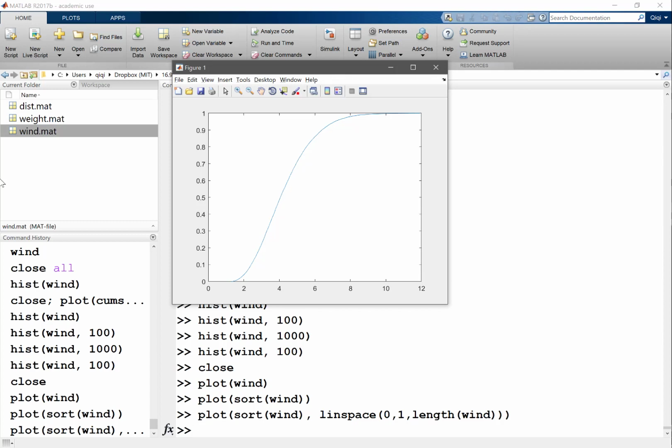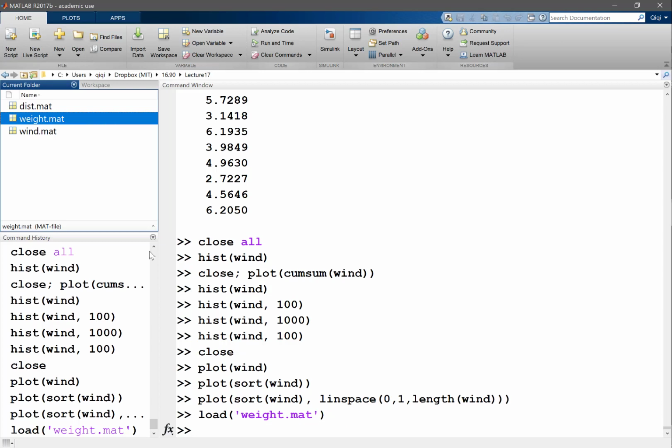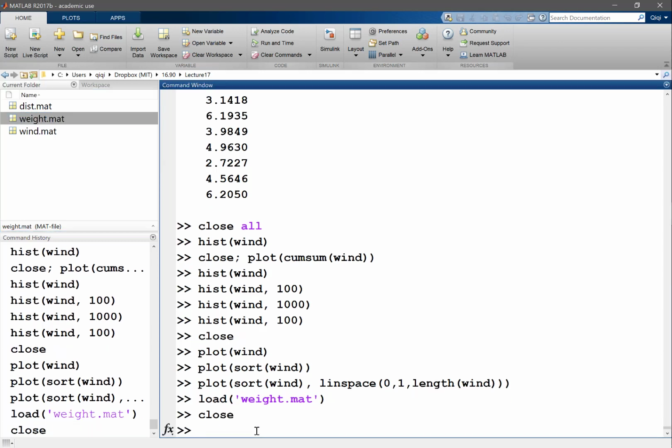All right, so here I have collected also some artificial data on the weight that your customer typically orders, right? I'm sure if you go to Amazon, they have that data available for you. So here, if I load that data, what do you want me to do with those weights?